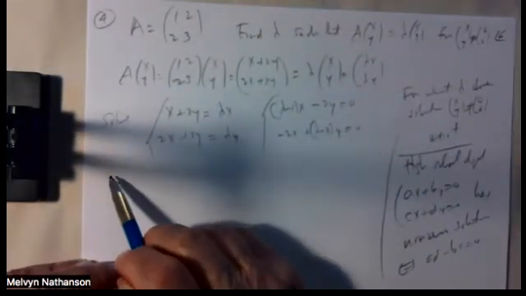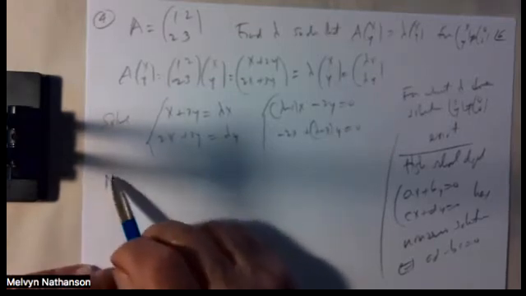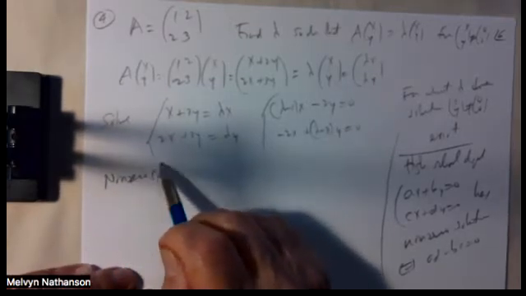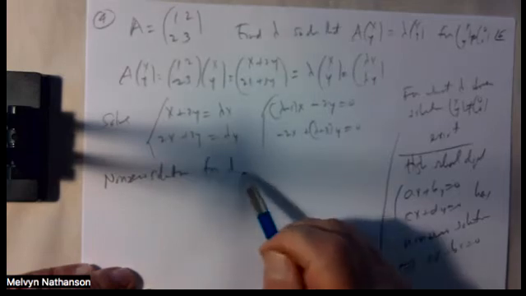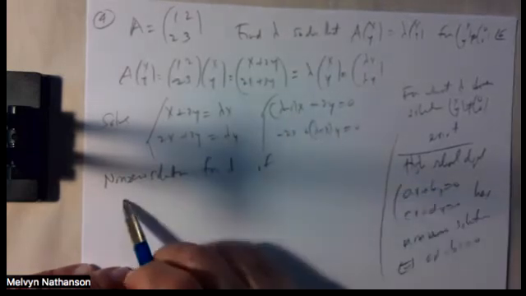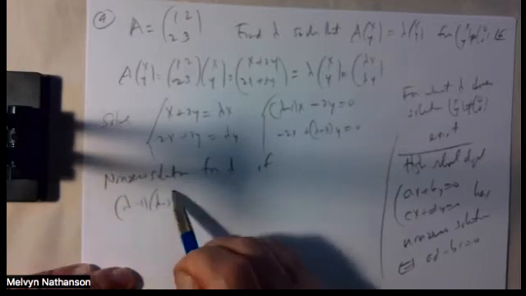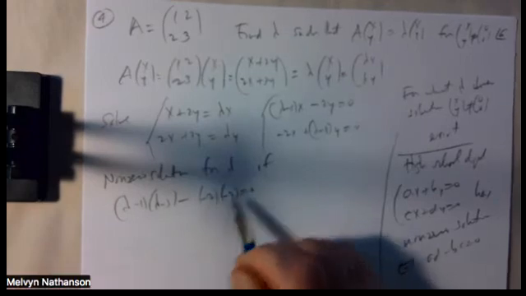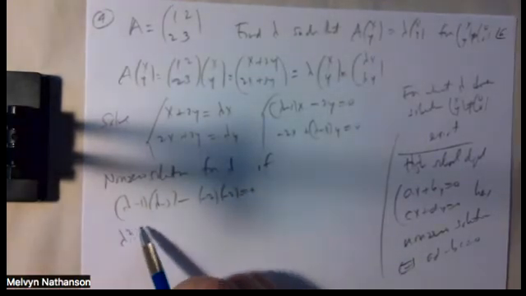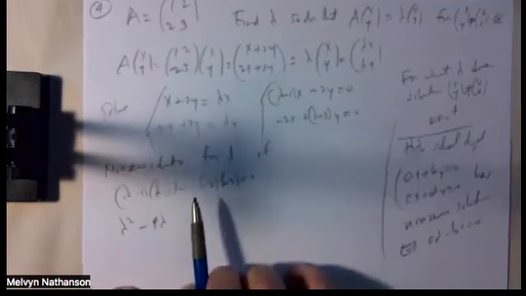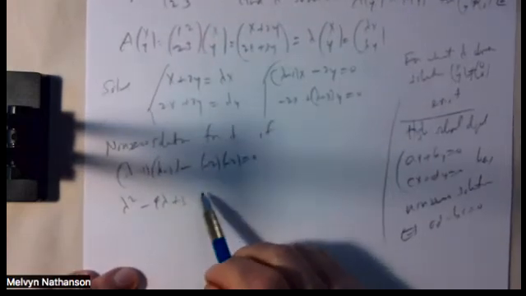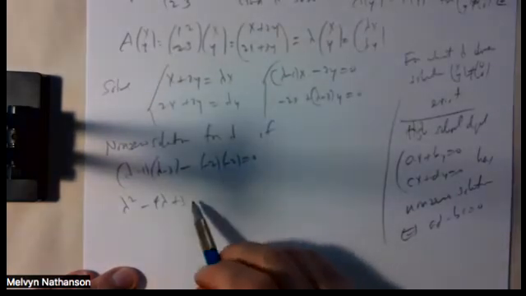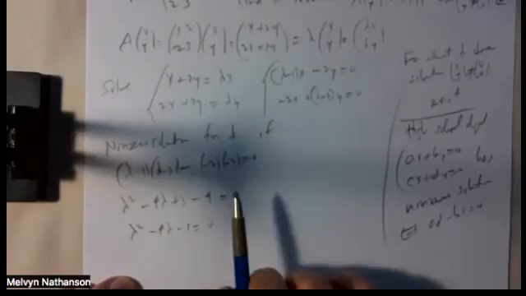So you have a non-zero solution for lambda if AD, lambda minus 1 times lambda minus 3, minus BC, minus 2 times minus 2, is 0. This says lambda squared minus 4 lambda plus 3 minus 4 equals 0, or lambda squared minus 4 lambda minus 1 is 0.